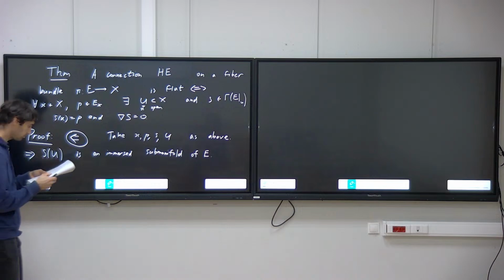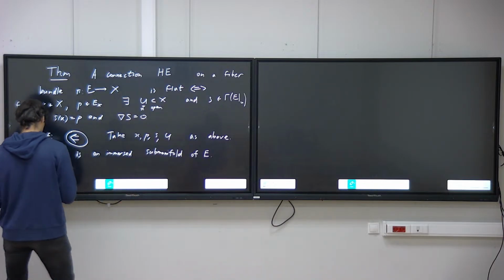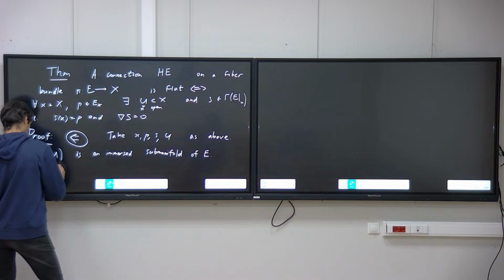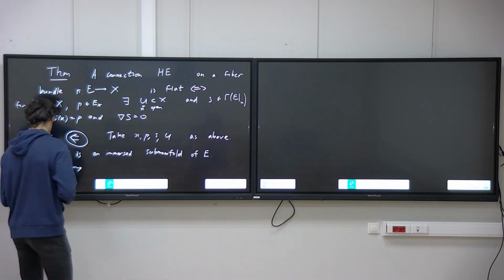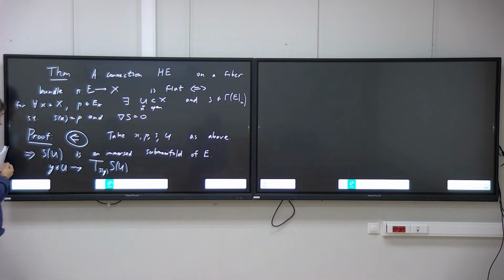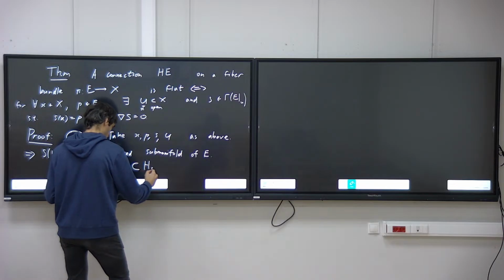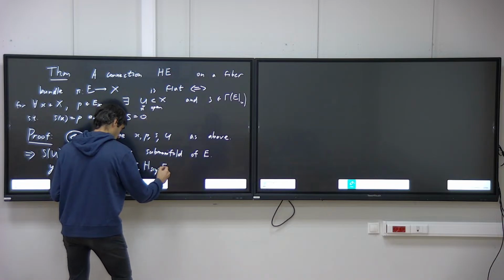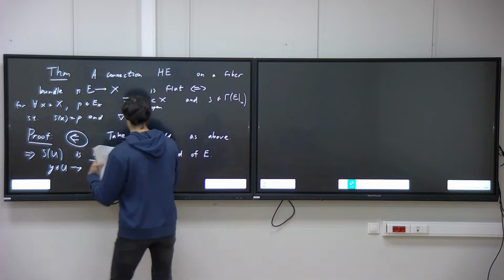Then I'm going to use that. So first observation: if I take any y from U, then I can consider the tangent space at S of y to S of U. So first of all, I claim that it is inside H_{S(y)} E. This is just because the section is flat.